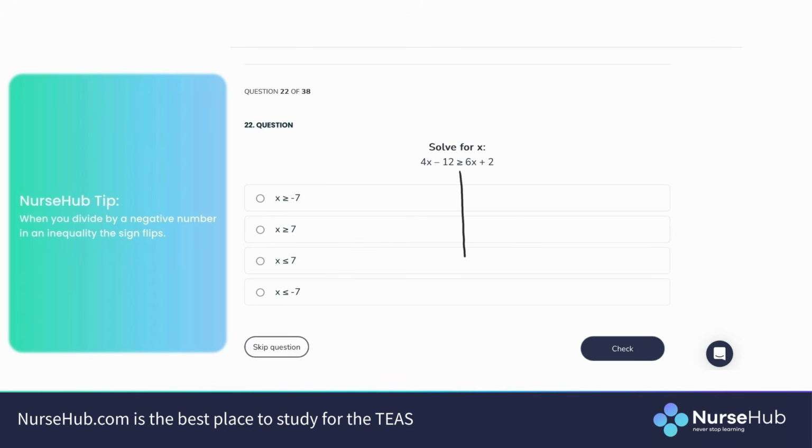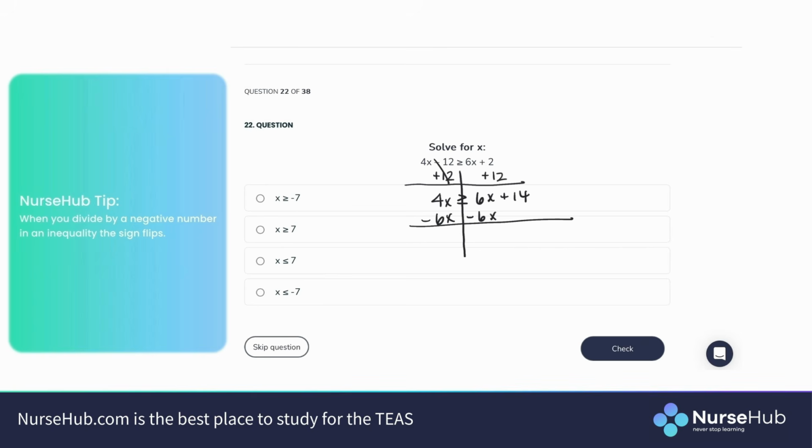So first thing we're going to do, we're going to add 12 to both sides. We want all the whole numbers on one side, all the variables on another. So these cancel. We're left with 4x is greater than or equal to 6x plus 14.